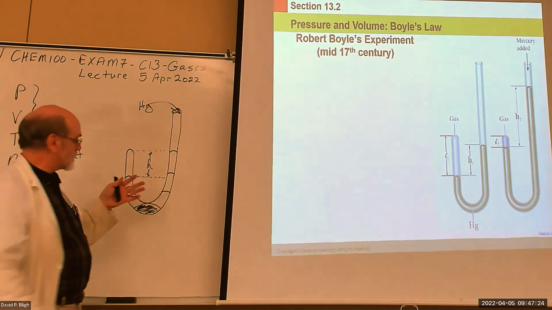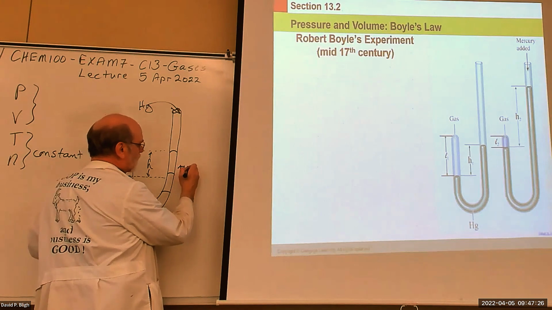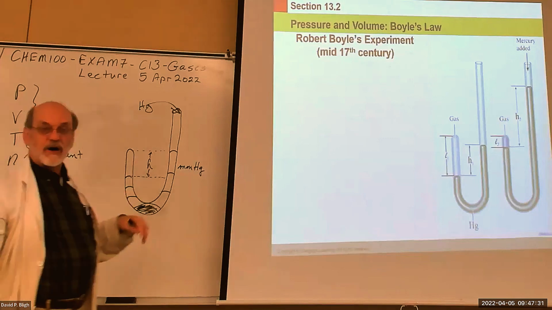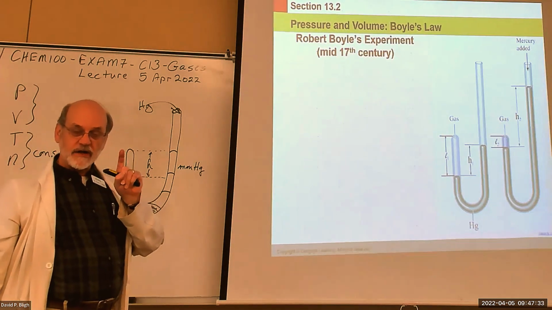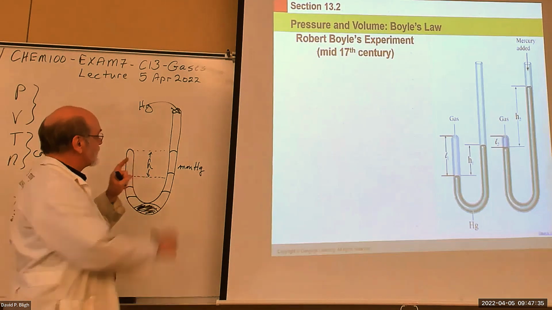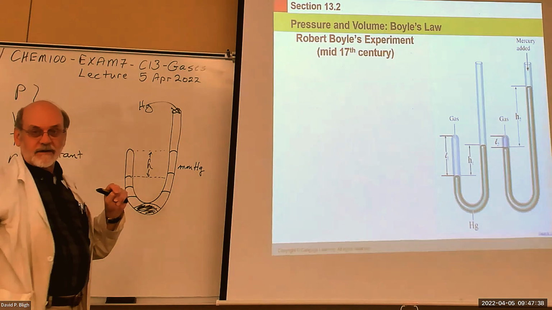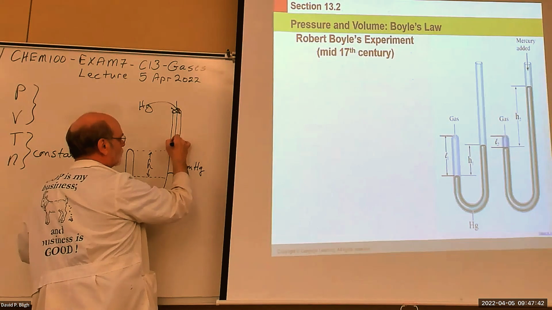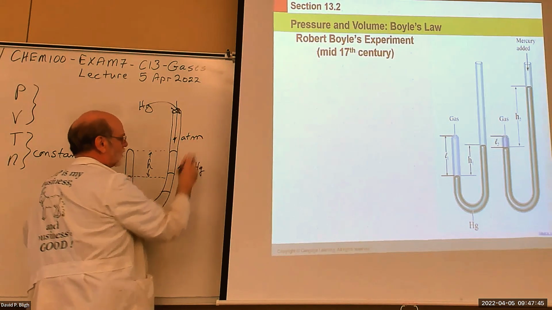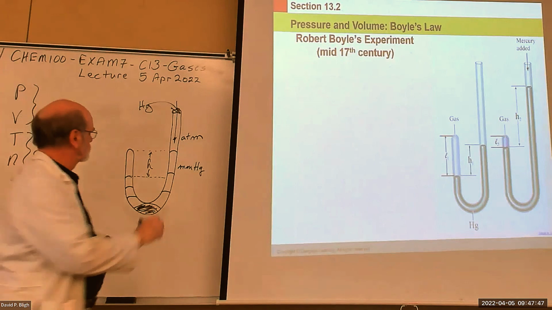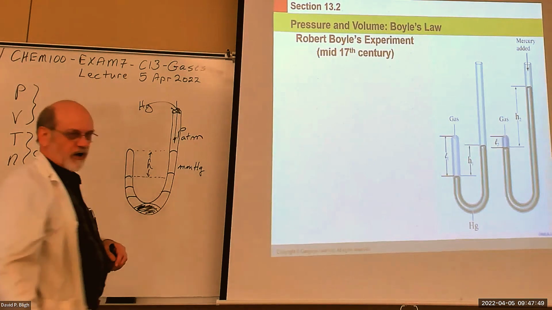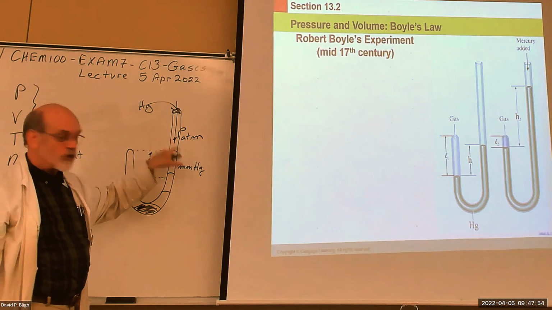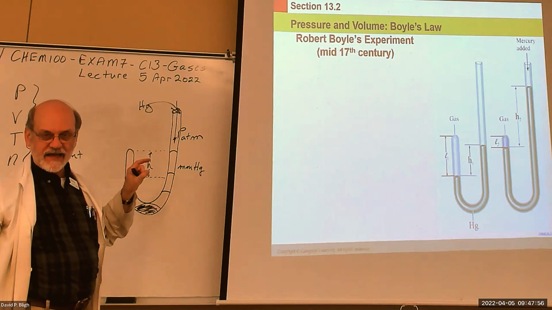That represented his pressure, and it was in millimeters of mercury. But he was also smart enough to realize that this end is open. And what else is pushing down here? Atmospheric pressure. So this amount of mercury plus atmospheric pressure is the total pressure on that confined gas.